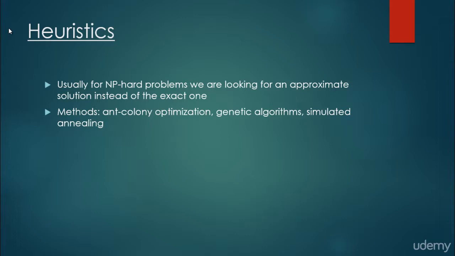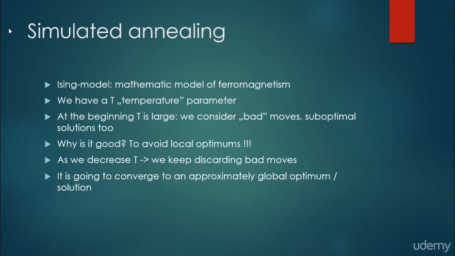Simulated annealing is my personal favorite as a physicist because the Ising model, the mathematical model of ferromagnetism, relies heavily on this technique. So we have a so-called T temperature parameter, and at the beginning T is large. We consider bad moves or suboptimal solutions too.